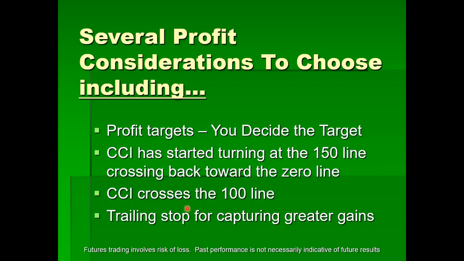If the CCI crosses the 100 line going back towards zero, or the minus 100 line going back towards zero, you need to be out of the trade. And with CCI, you need to let the bar print. Or you can trail the stop for capturing greater gains. And I showed you the trailing method.